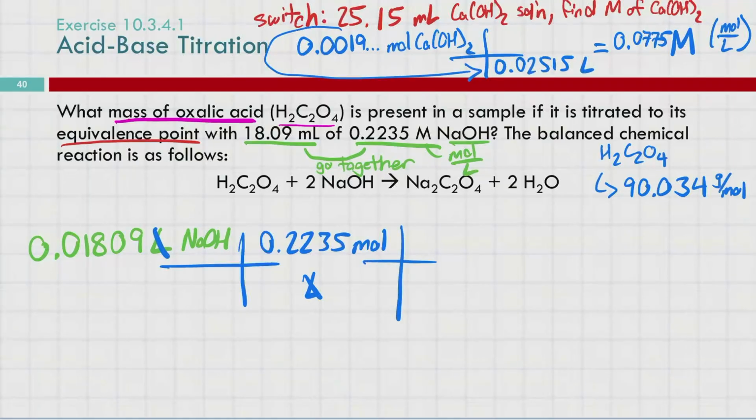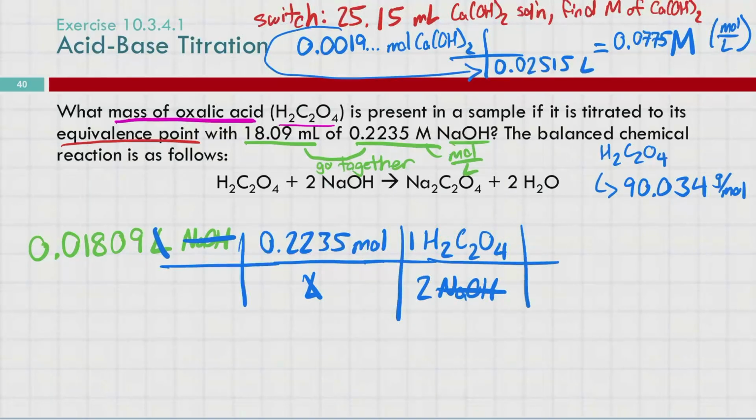So we can add in another step, do our stoichiometry step. We have sodium hydroxide, so the 2 NaOH is going to go down here on the bottom. So we put in 2 NaOH, and that reacted with 1 oxalic acid, H2C2O4. So our sodium hydroxides cancel, and this tells us the number of moles of oxalic acid, H2C2O4, that we have.